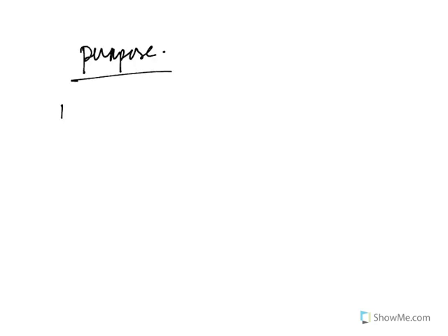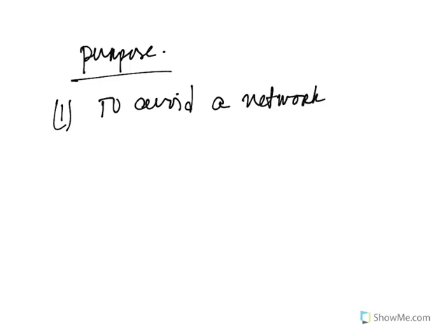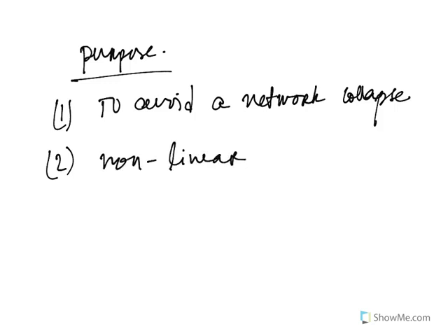What is its purpose? The activation function's key purpose is to avoid network collapse, so your network doesn't collapse. And the second is, instead of doing just multiplications and additions, which is linear, you're actually doing a non-linear operation.